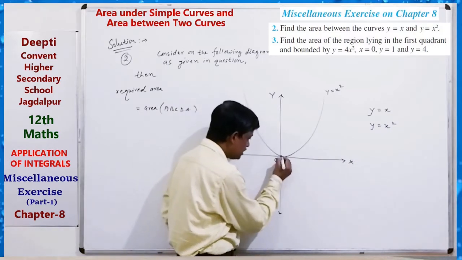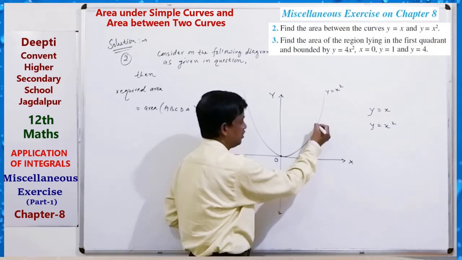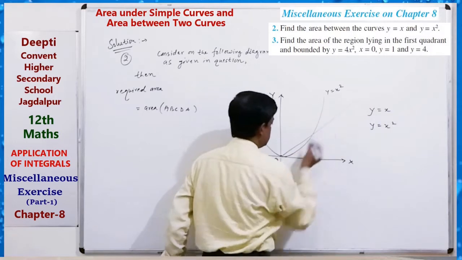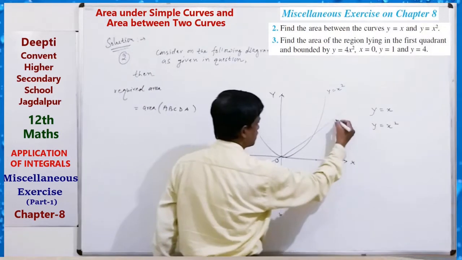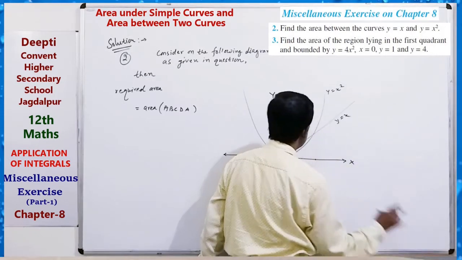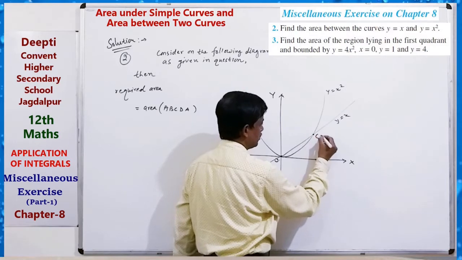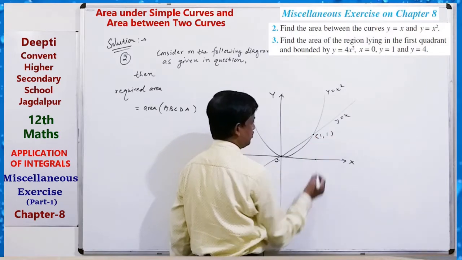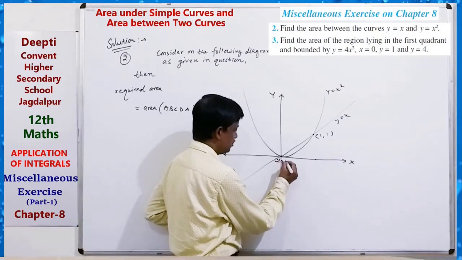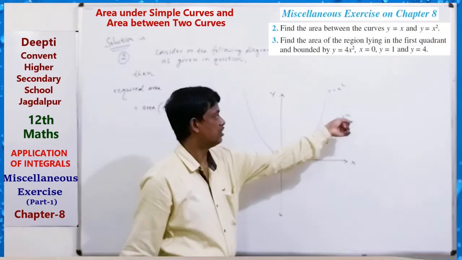The value of x is 0 here and 1 is, suppose, here. Okay, so the line y equal to x is like this. Clear? Now their intersections are here 0, 0 and here 1, 1, because x equal to 0 gives y 0, and x equal to 1 gives y also 1.